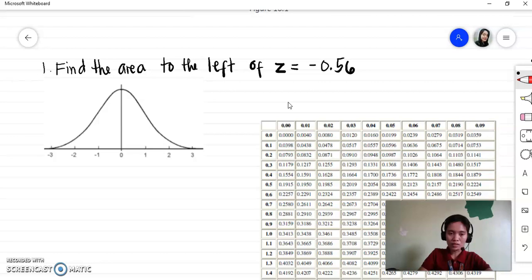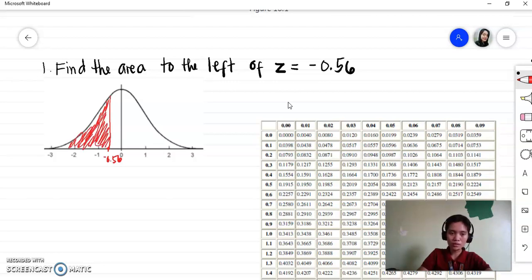So that is between 0 and negative 1. Let's say if this is negative 0.5, at the middle, we're going to put negative 0.56 here. Then you draw a line through the z-score. Then you shade the region. It is less than, or to the left, so you shade the left side.